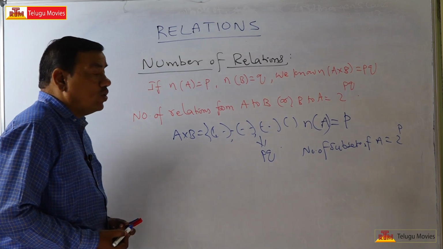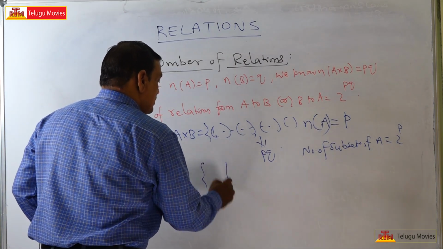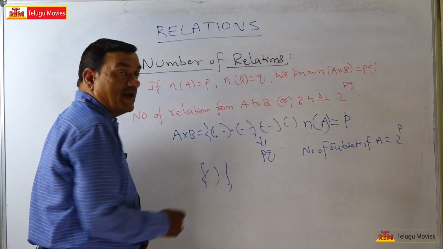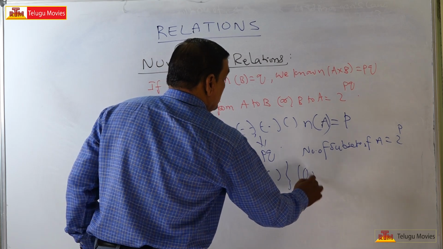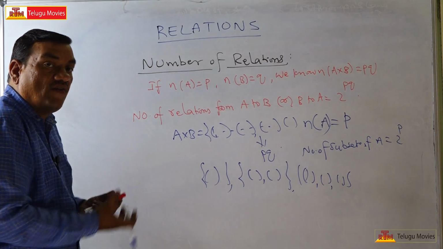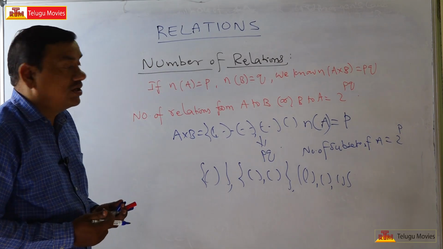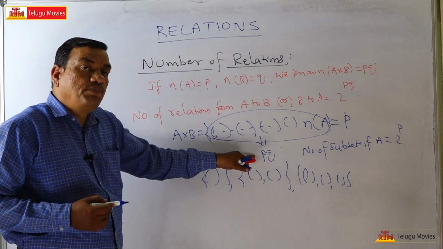Now, a relation is nothing but a subset. Take some subsets from this: 1 ordered pair subsets, 2 ordered pairs subsets, 3 ordered pairs subsets. That means we are taking some sets from the original Cartesian product. A cross B contains PQ elements.